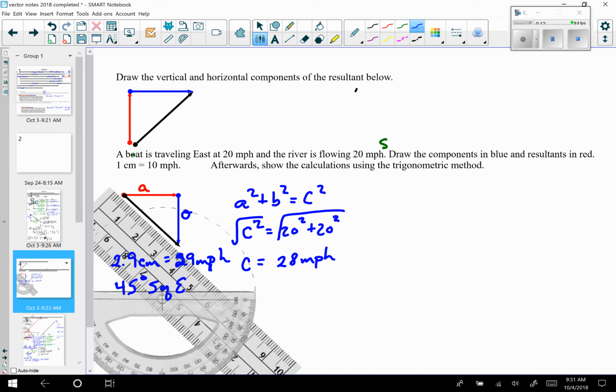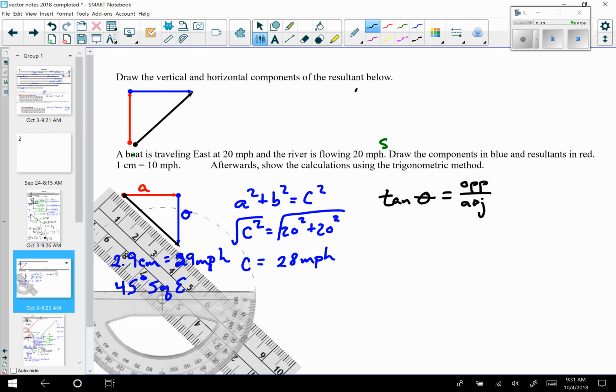And the trigonometric function that has both opposite and adjacent is tangent. And the tangent of the angle, that little symbol there is called theta. It means angle. And tangent of theta equals the opposite side divided by the adjacent side.